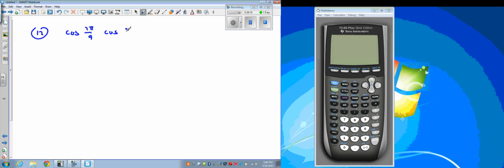Now let's look at another one, which I'm going to give you one like this to do. Cosine of 7 pi over 9 times cosine of 2 pi over 9 minus sine of 7 pi over 9 times sine of 2 pi over 9. Now notice this. If the second angles are the same and the first angles are the same, look at your identities in reverse.